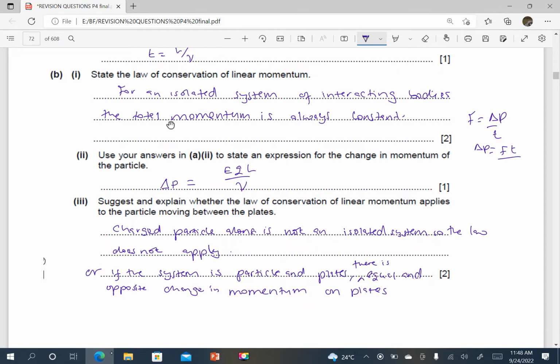And so in this case, when we define the system to be the particle and the plate, the law applies. As simple as that. Okay, next.